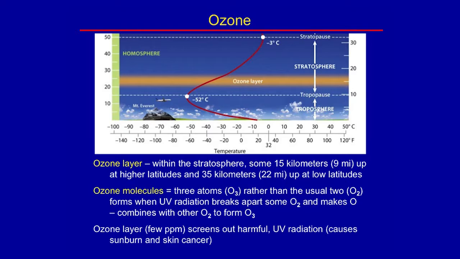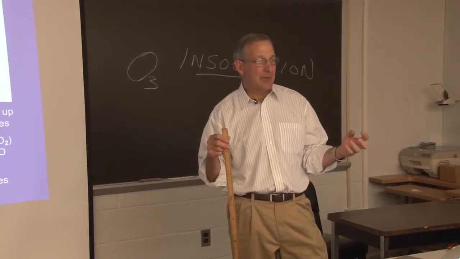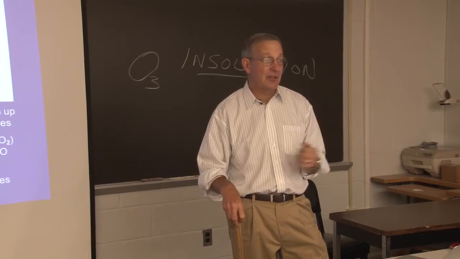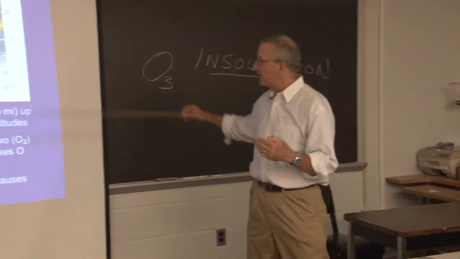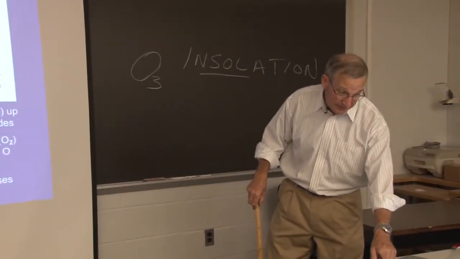And basically, the ozone layer screens out harmful ultraviolet radiation. One of the things about ozone in the lower atmosphere, it's not good. It's what creates smog. And on a smoggy day, there's a lot of ozone in the air, and it's hazardous to breathe. But in the stratosphere, it protects us, again, from ultraviolet radiation, which causes sunburn and cancer.